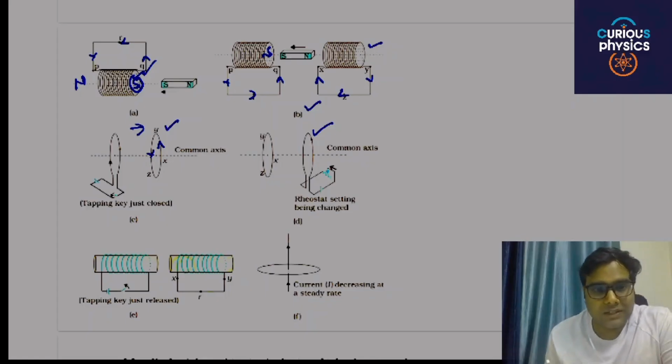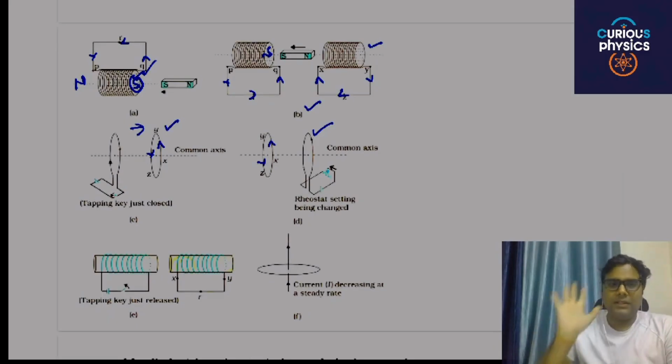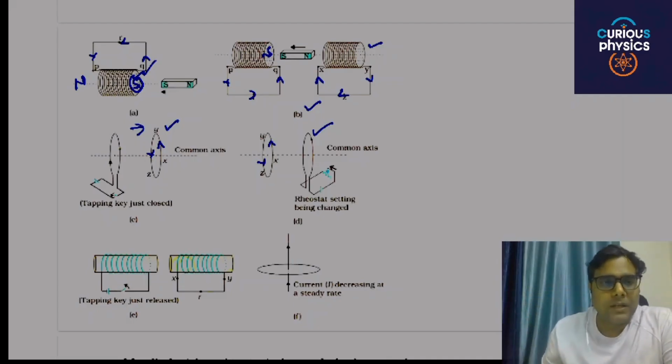Then the magnetic flux decreases, or the magnetic field decreases, and the current produced in this particular XYZ coil tries to oppose that effect, meaning it will try to retain the original magnetic flux. So here the direction of current will be the same in this direction, because in both cases the direction of magnetic field will be the same.